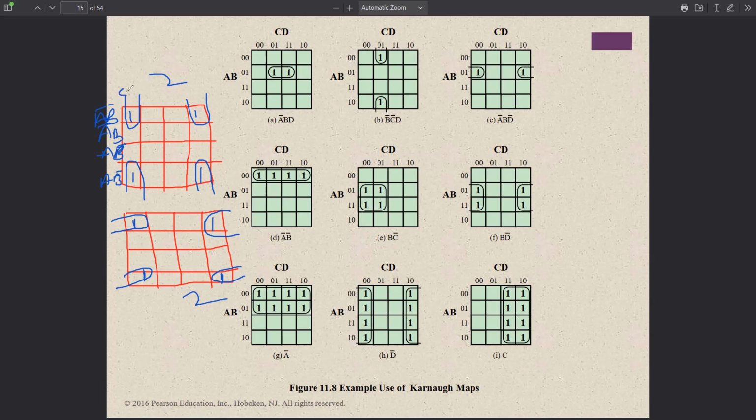And here it is C, D, both should be negated: C bar D bar, C bar D, and C D, and C D bar, right? This is the way. As I mentioned earlier, we do not need to start this from A bar B bar, right?